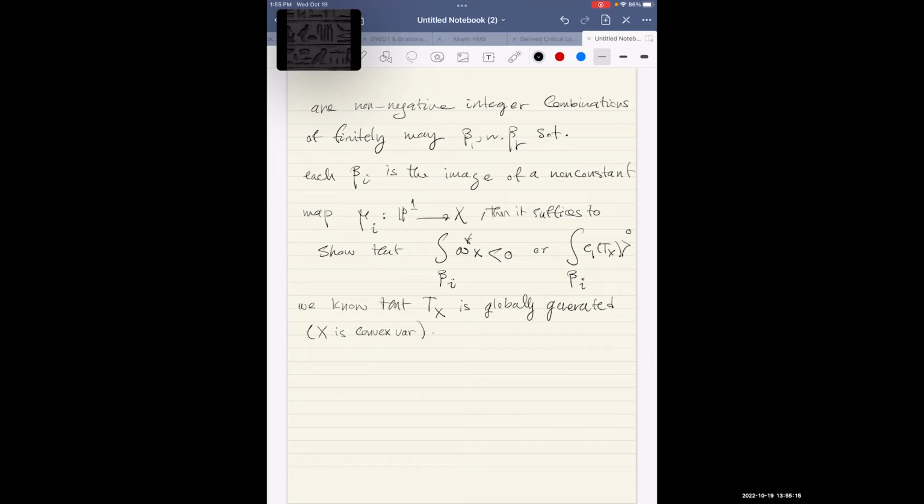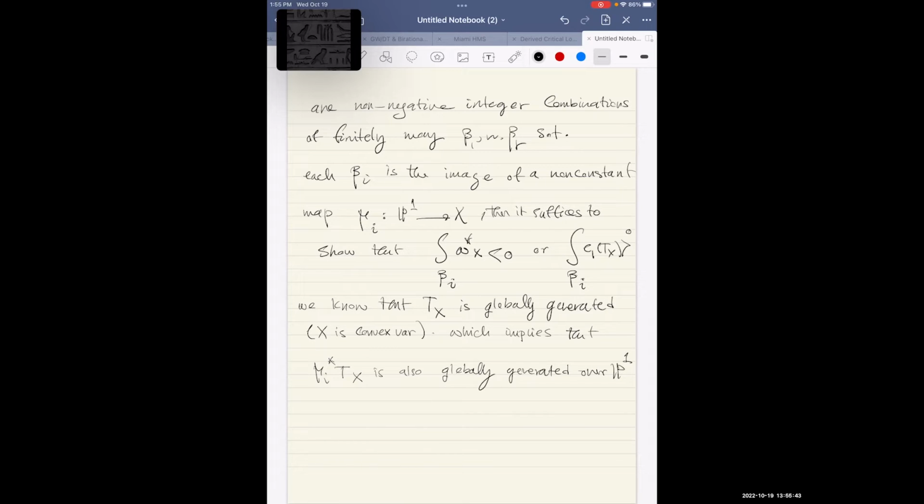Its tangent bundle is globally generated, which implies that mu I upper star of T of X is also globally generated over P1, right?